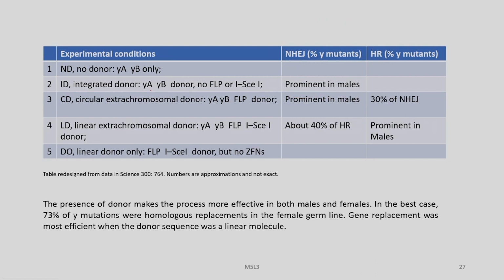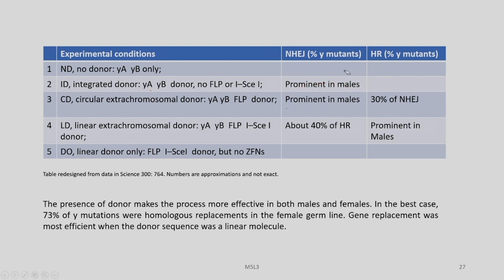In the third case, they took circular extrachromosomal donor and YA, YB and FLP donor, and they found that again these are prominent in males, and also some kind of homologous recombination products are there, but which are about 1/3 of the number found in case of NHEJ.